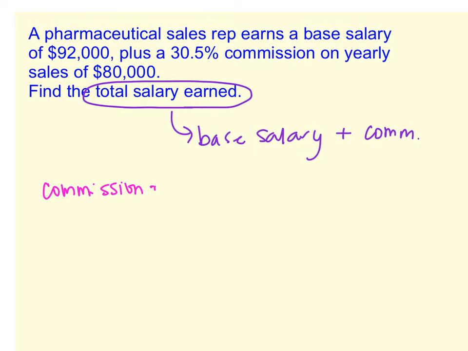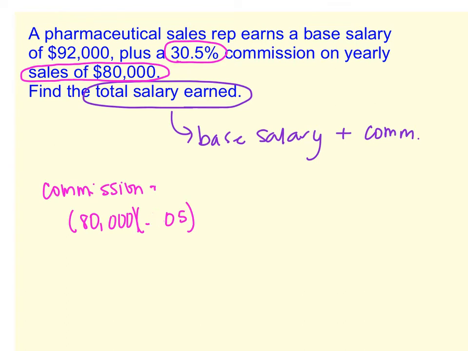So the commission is going to be the sales. So how much did the sales rep sell? See how it says yearly sales of $80,000. So you take the sales and you multiply it by the percent, the commission percent. So 30.5%, move the decimal 2 spots to the left, and you get 0.305.